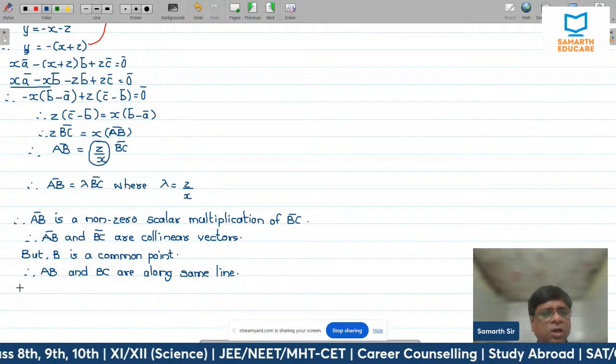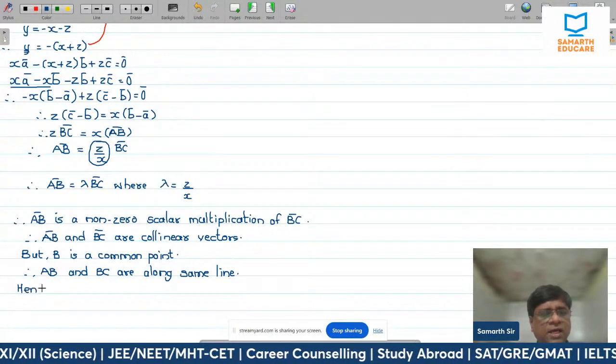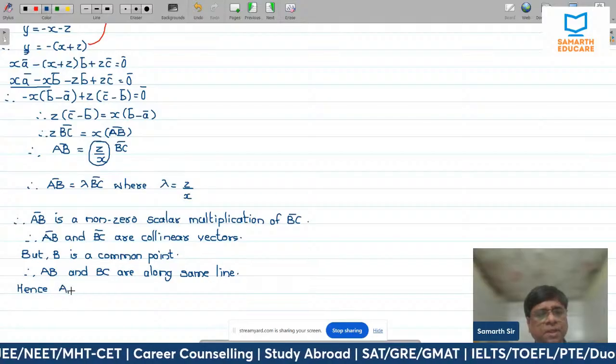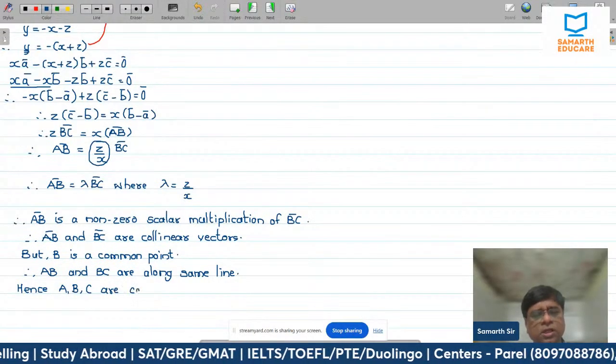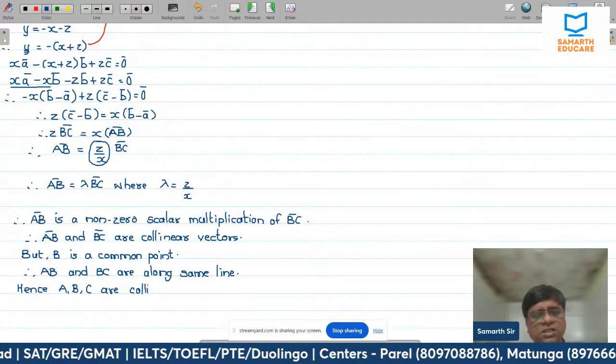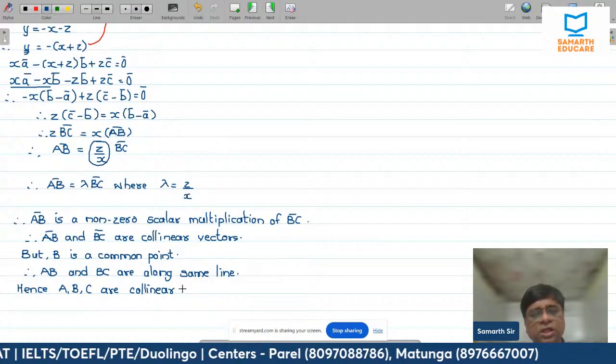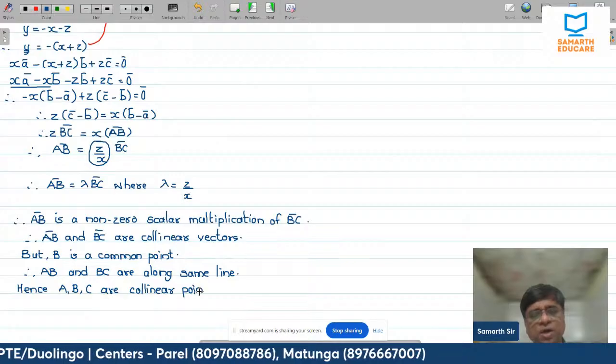Now since they are along the same line, hence I can say that A, B, C are collinear points. As discussed earlier, we had to prove collinear points, which we have proved, the converse part.